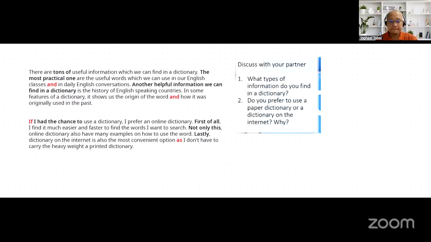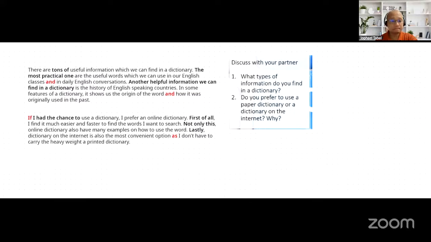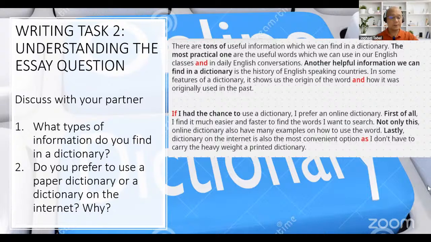Okay, let me share the screen. Let me give you another 3 to 5 minutes, and after that, I want you to speak your answer in the class, okay? So 3 to 5 minutes, all right?